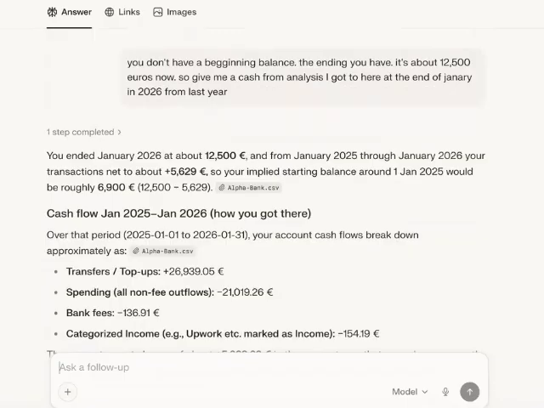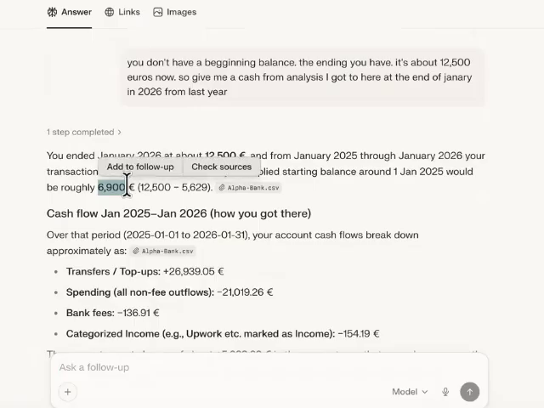So you ended January at 12,500 euros. And from January 25 through January 26, your transactions net to about 5,629. So your implied starting balance would be 6,900.